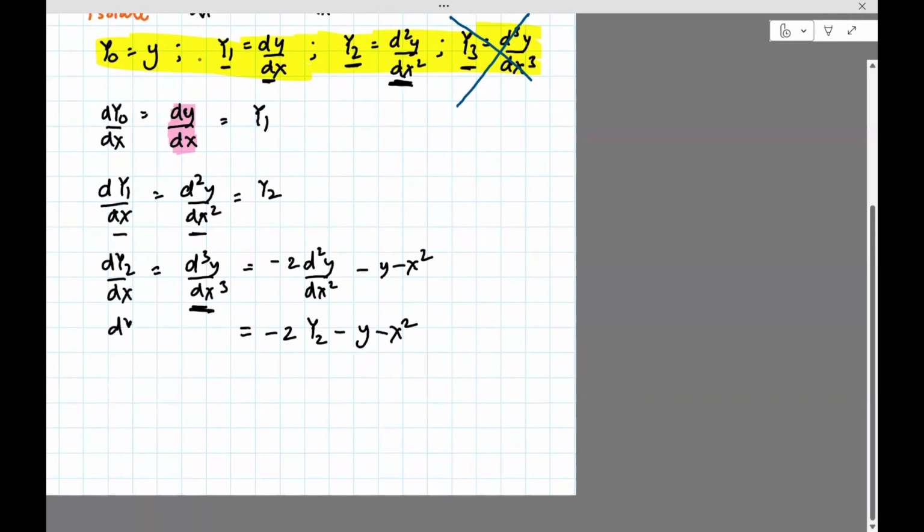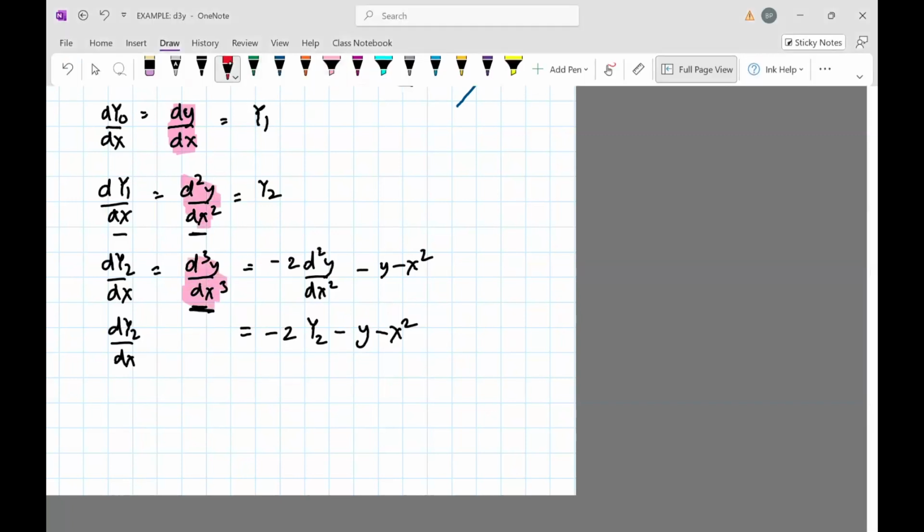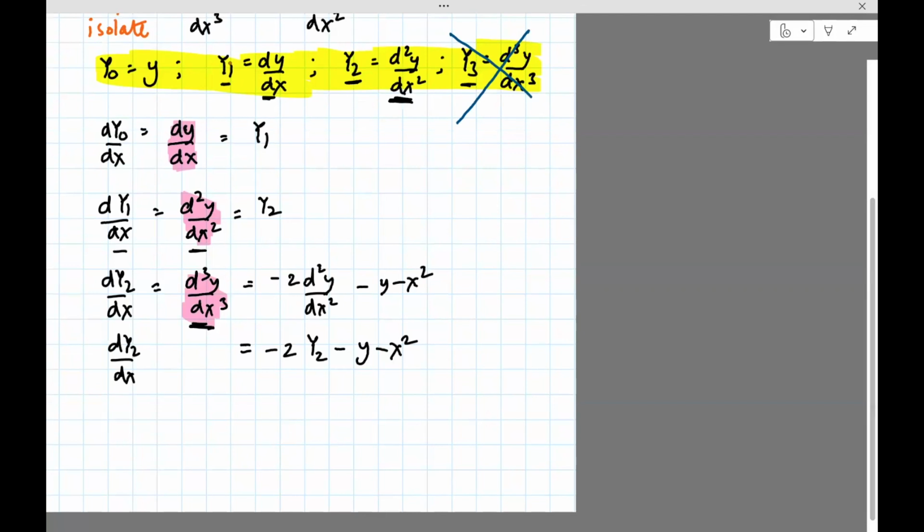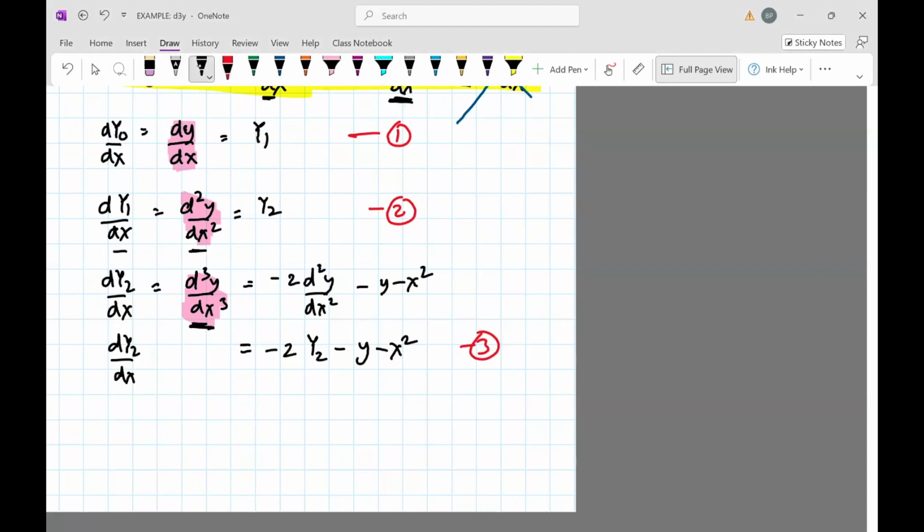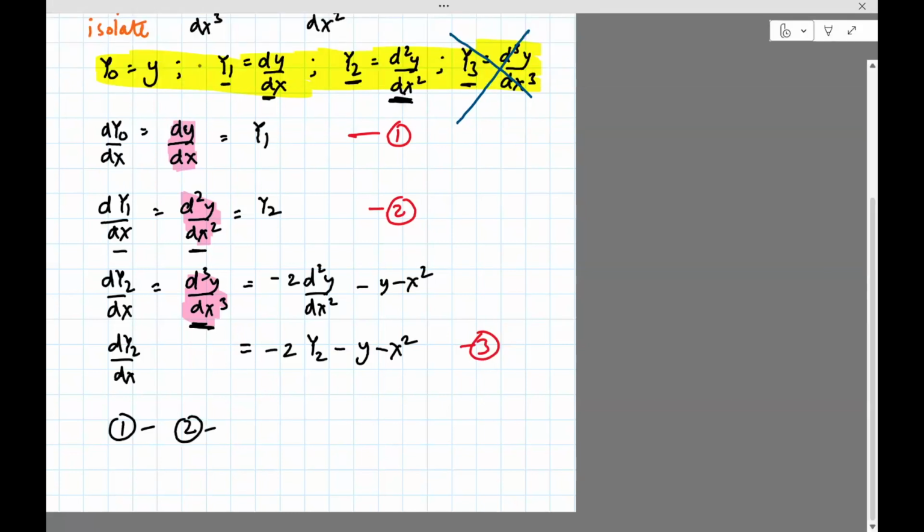So this is my last equation. This is just to help you to write the equation, but the equations are 1, 2, and 3. So 1, 2, 3 are the necessary equations.